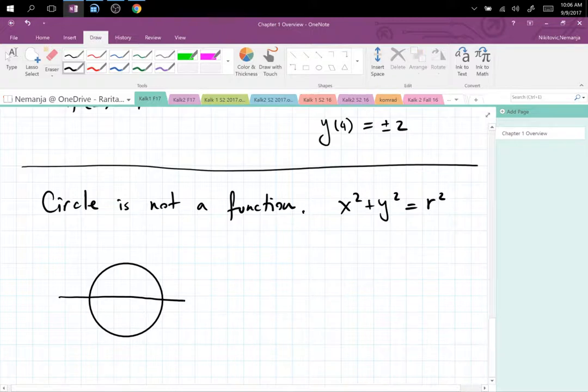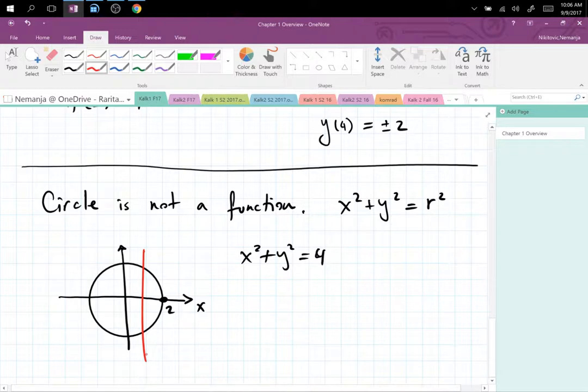Look, it's perfect. Say the radius is 2. This is the x squared plus y squared equals 4 equation for the circle. And when you look at this circle, if you draw a vertical line, we call this the vertical line test.